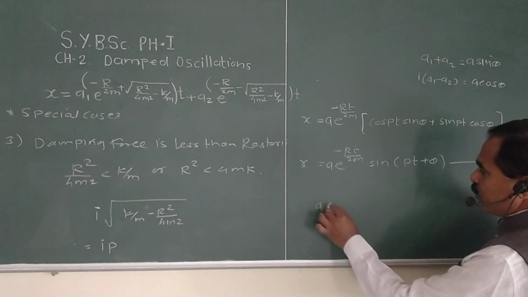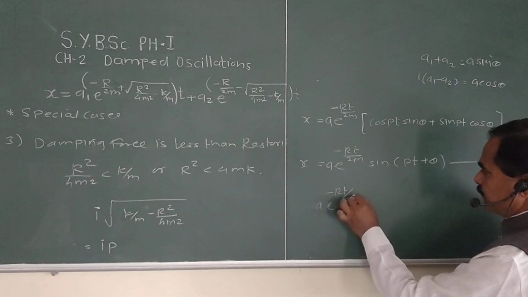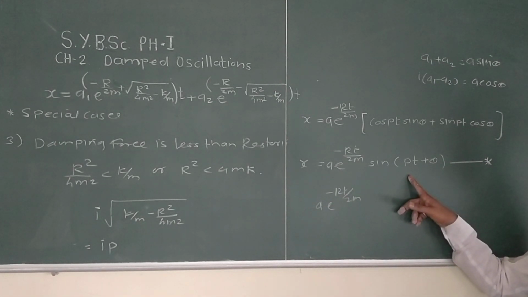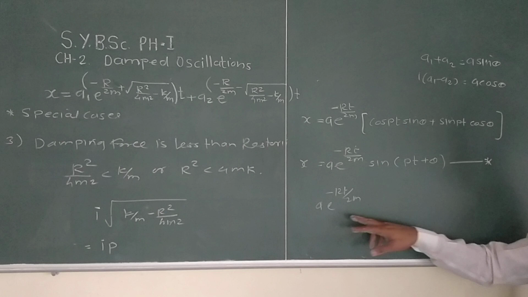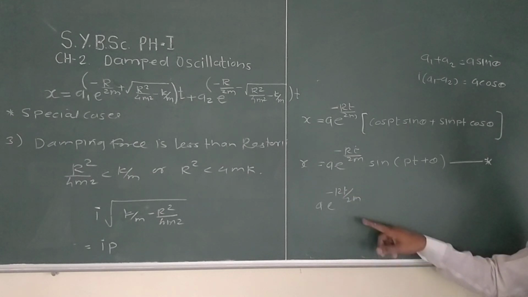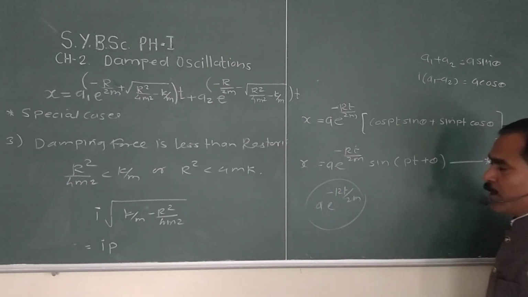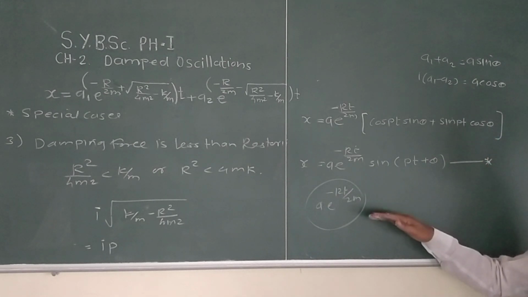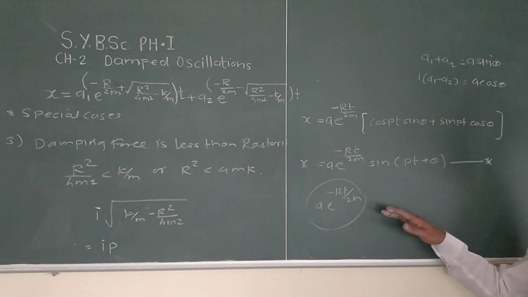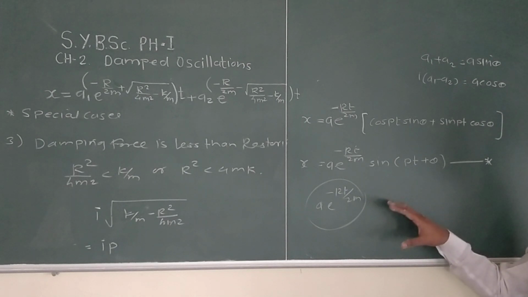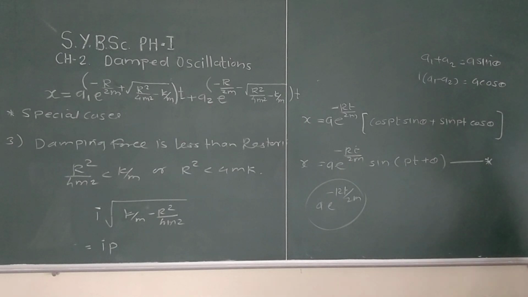Here a e raised to minus rt upon twice m is the amplitude of the motion. And here is the exponential part, that means e raised to minus rt upon twice m. This exponential part denotes that the amplitude continuously decreases with increase in time, but the oscillator performs oscillatory motion, right?